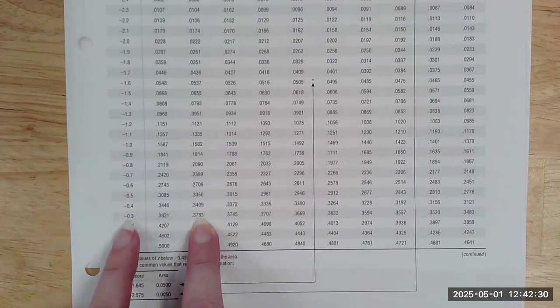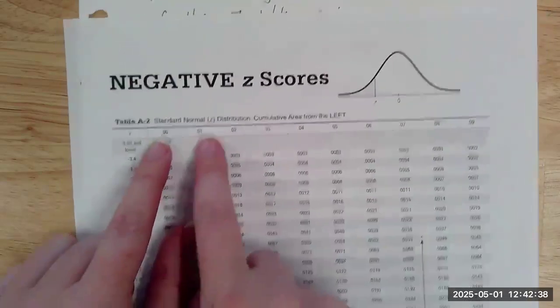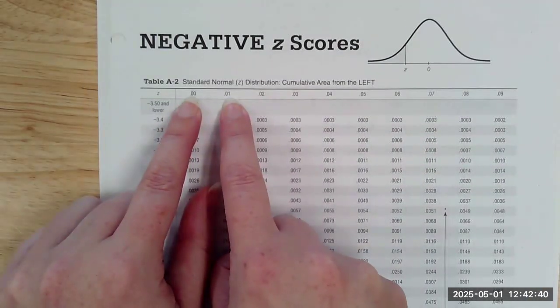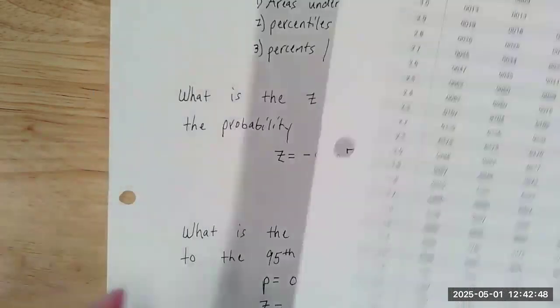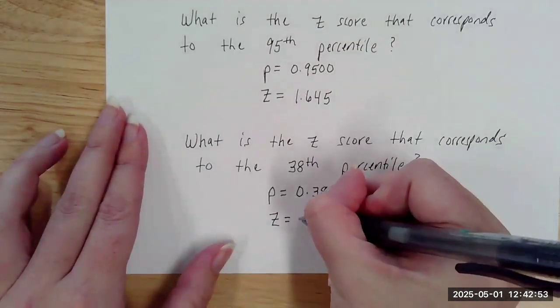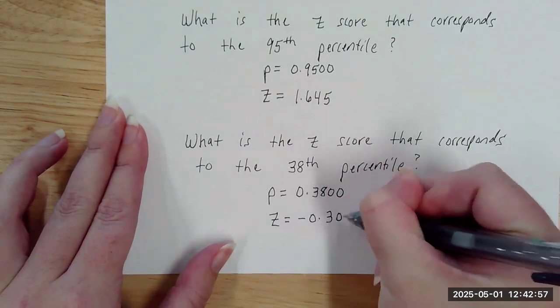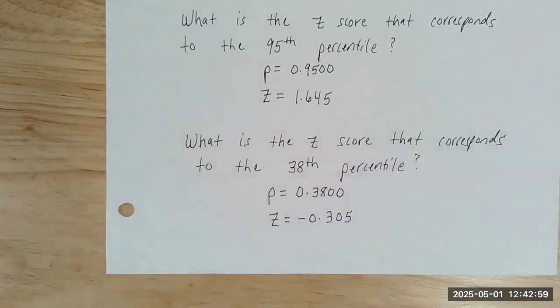So I'm coming across, and the thing you're going to write down first is negative 0.3. And then if you go up, it looks like we're either going to put a 0 or a 1. So we've got to go 0.5. So you're going to write negative 0.305.